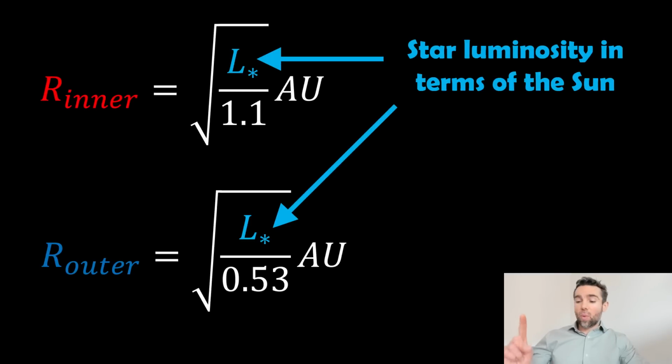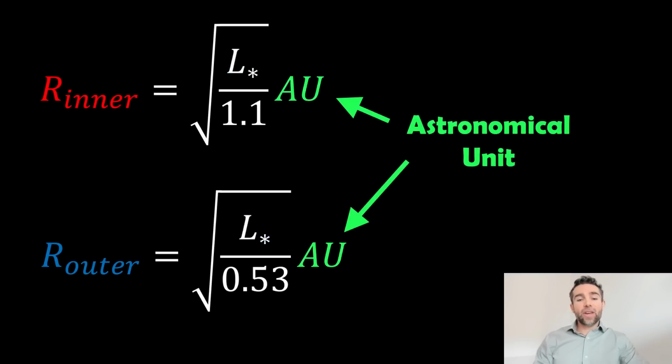So if it's a sun-like star that's got 1 solar luminosity, it would be 1. And then AU, as I mentioned again, is an astronomical unit. That's the average distance between the Earth and the sun. So it gives context to this distance instead of putting in meters or kilometers. We know that 2 AU is twice as far away from the star than the Earth is. So that makes sense. We understand what that number means then.